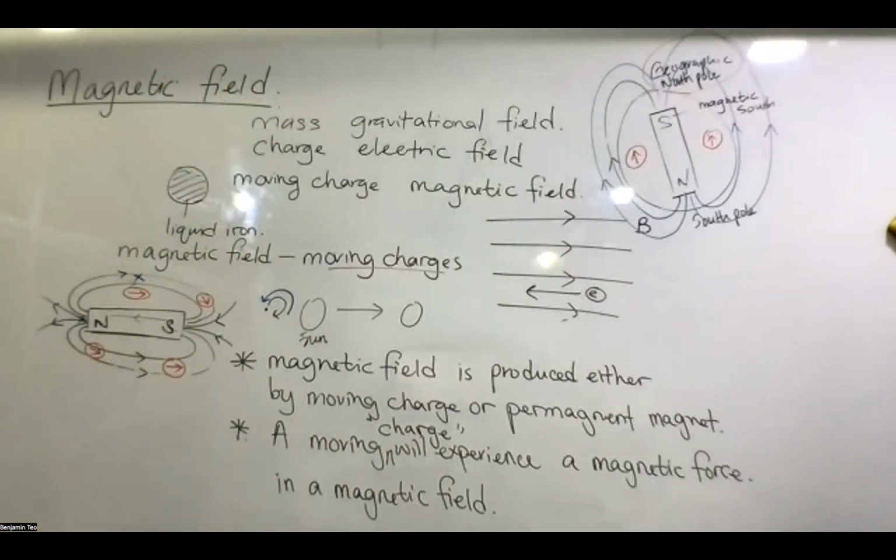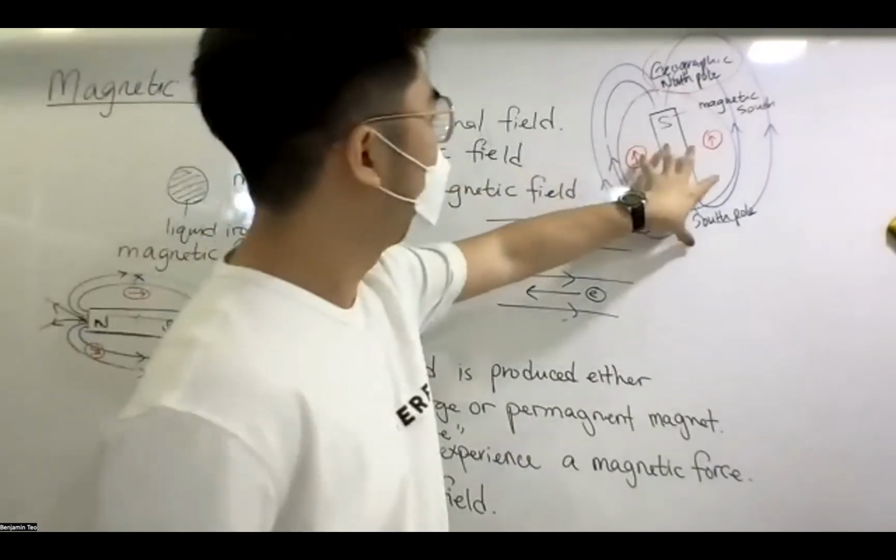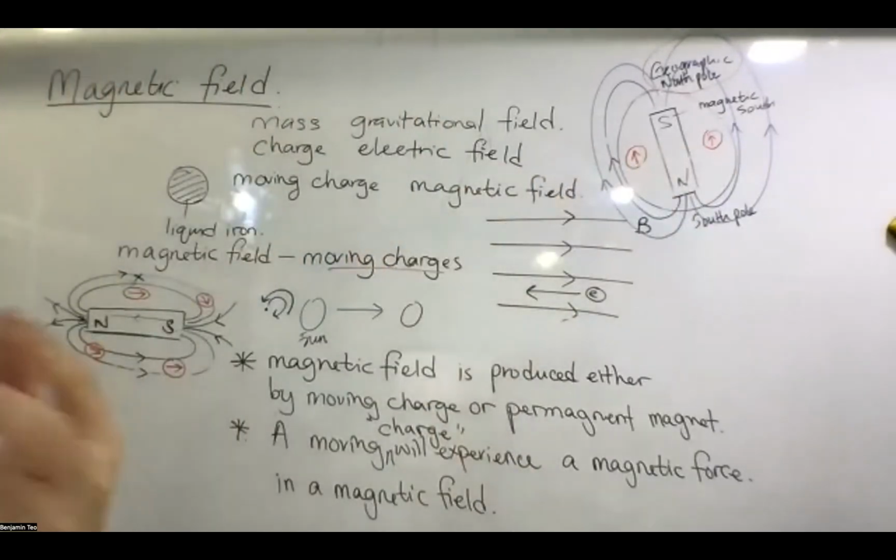Right? Now, in this part, again, we will look at the field lines of a few different magnets. The field lines of a permanent magnet. You should be able to sketch this one. And then also the field lines of an electromagnet. What is an electromagnet?